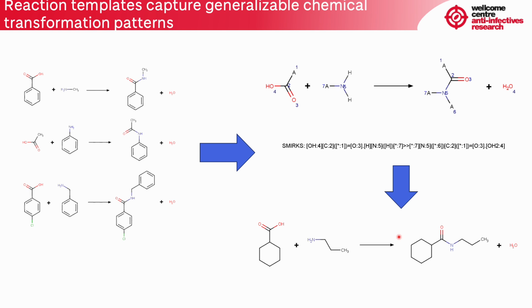And this is the attractive part of reaction-based generative design, because it allows us to build in silico new molecules using reaction transformations that in the lab chemists will be able to make.